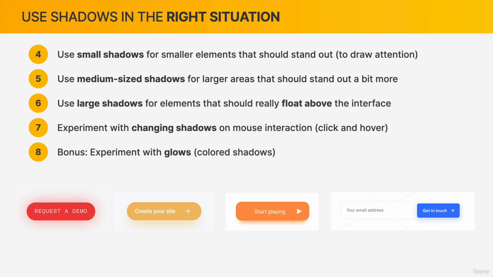Like this first button here, the red one, has a red shadow, and that makes it look as if that button is glowing, right? That's a very modern effect that, if you want, you can experiment with, even though it might be a little bit difficult for beginners. But still, it's interesting and you should definitely try it out at some point.